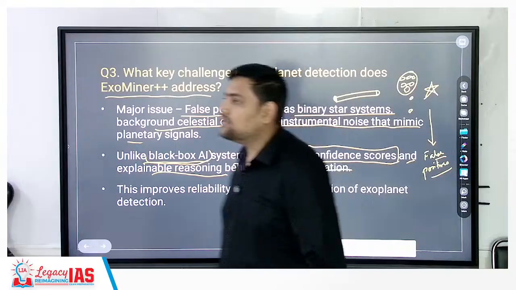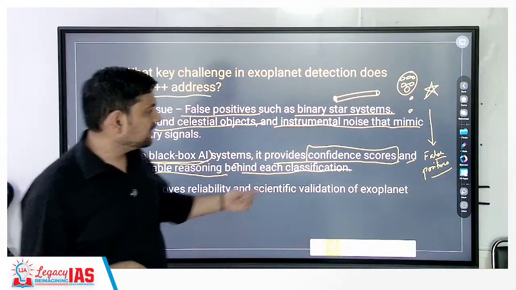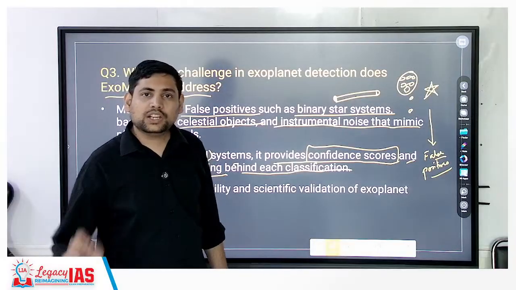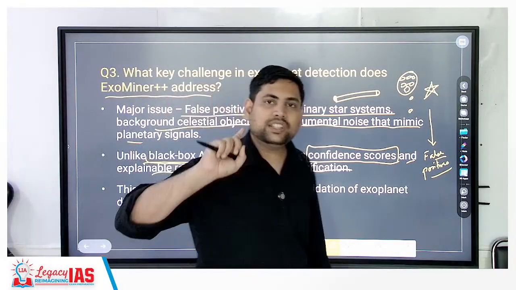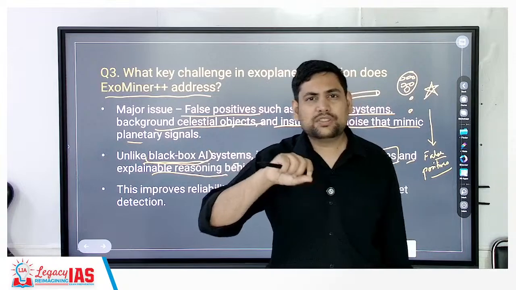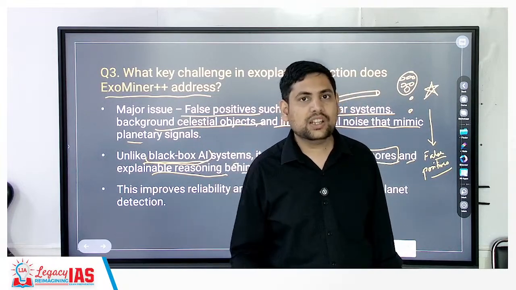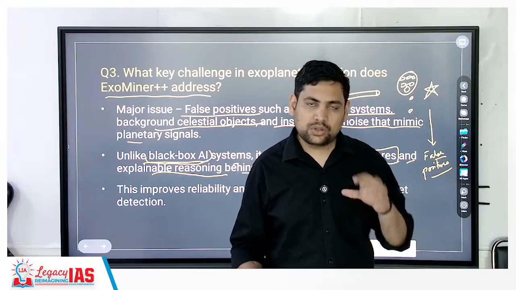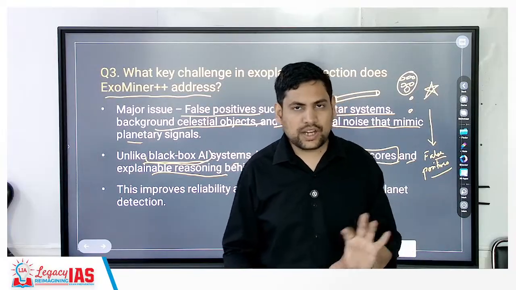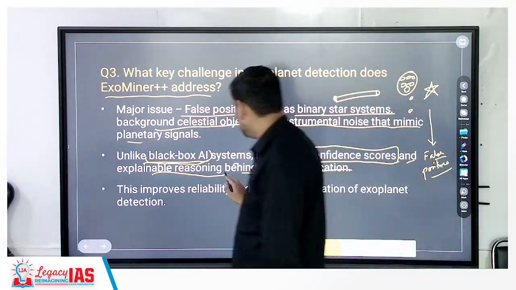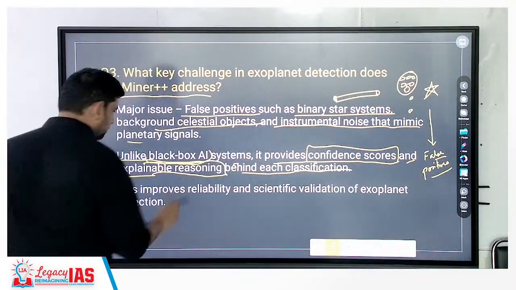That is, how confident is this analysis about the exoplanet being detected. So it will tell you that for this one I am 91% confident, for this one I may be very less confident, so that the scientists who are analyzing can take this into account to decide how seriously they should be looking at this particular thing. So one is the confidence score, and it also gives explainable reasoning.